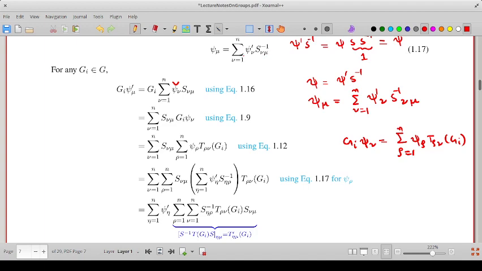That's a summation over nu running from 1 to n, and therefore psi rho will be equal to sum over some index eta running from 1 to n, then psi dash eta, then S inverse eta rho. That is, we substitute this equation for psi rho here. So that's what we have done here.